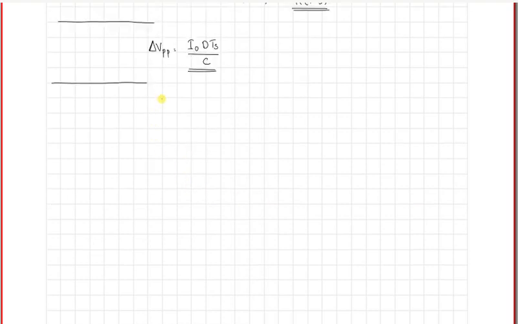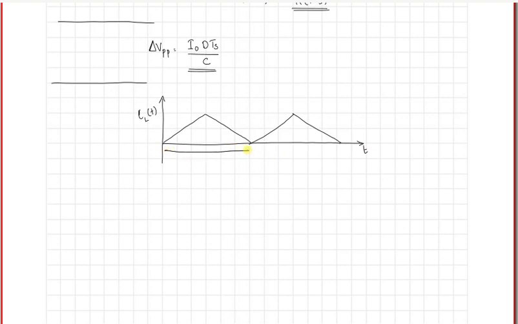So let me again draw that waveform here. The operation of the boost converter at the boundary. At the boundary, the inductor current waveform would just touch 0. Okay, this is IL of t, and it would just touch 0. This duration would be Ts.